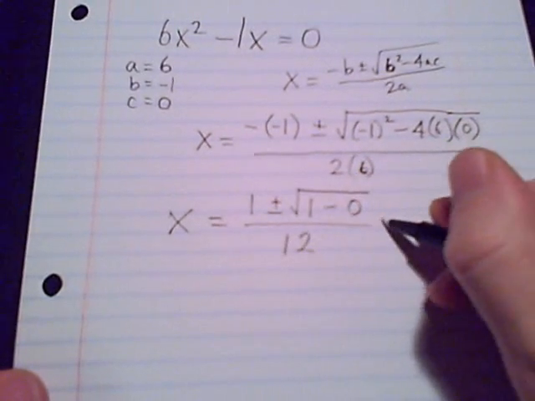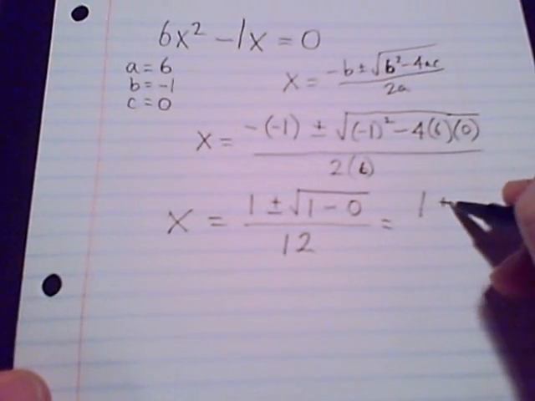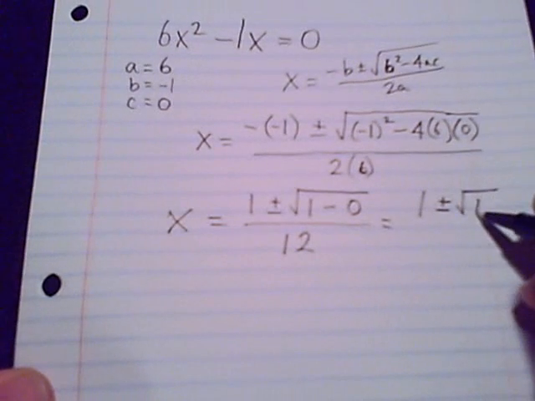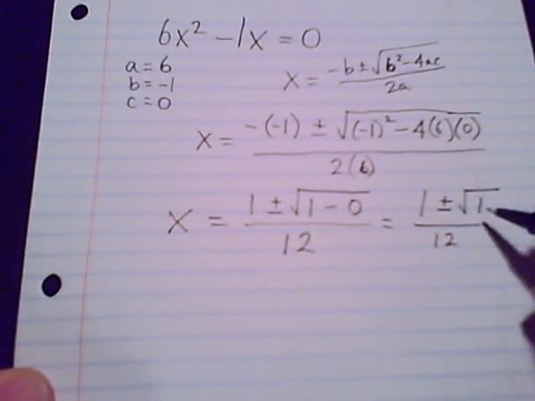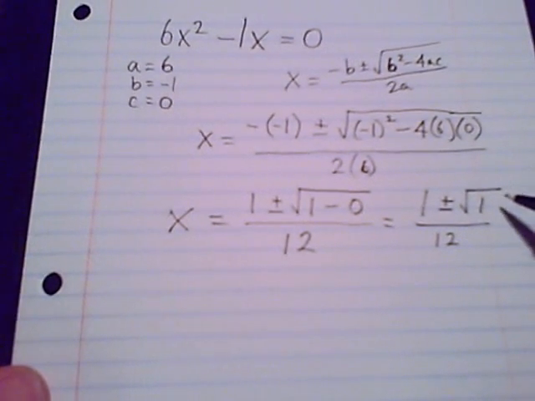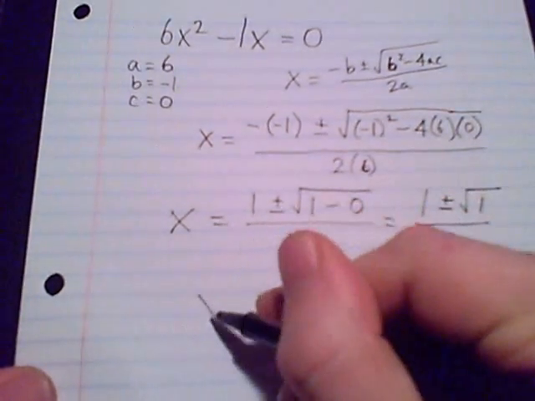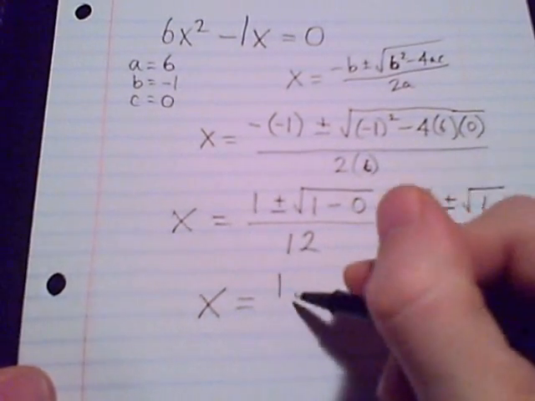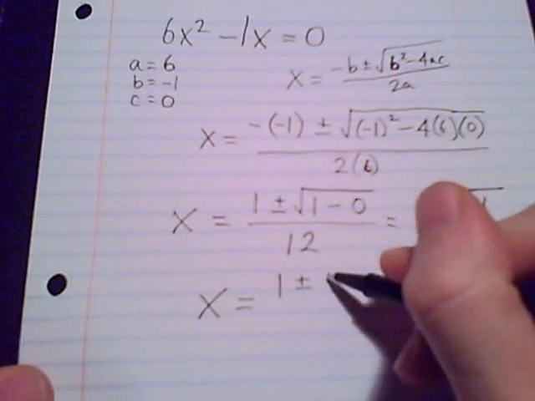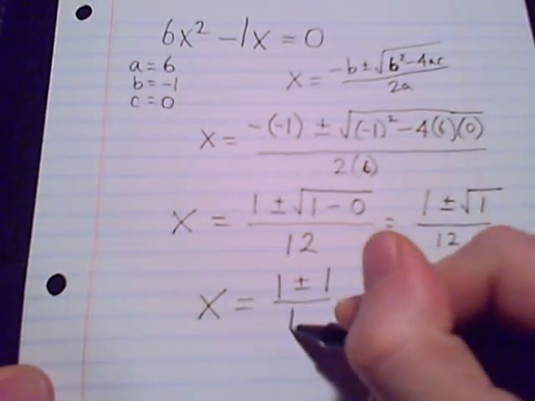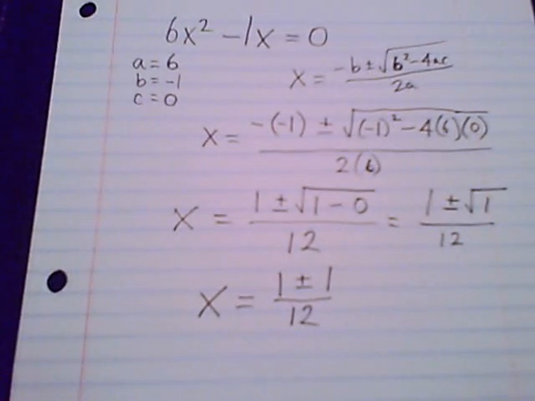Denominator is 12. So we're looking at, in the numerator, 1 plus or minus radical 1 over 12, and radical 1, square root of 1 equals 1. So we're back to an example where our radical, we were able to completely simplify it. And now we're looking at x equals 1 plus or minus 1 over 12.